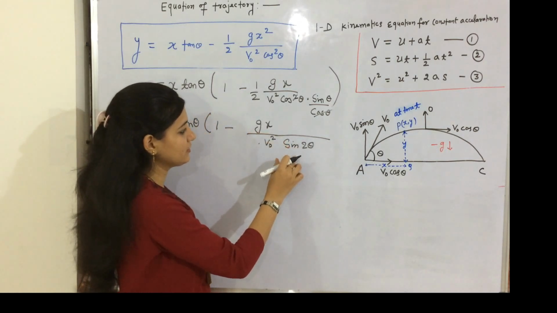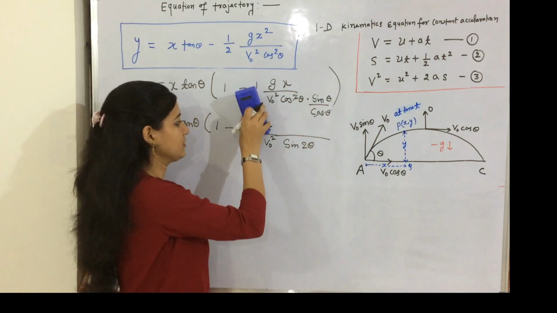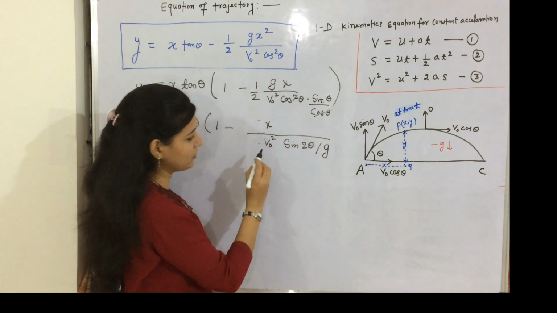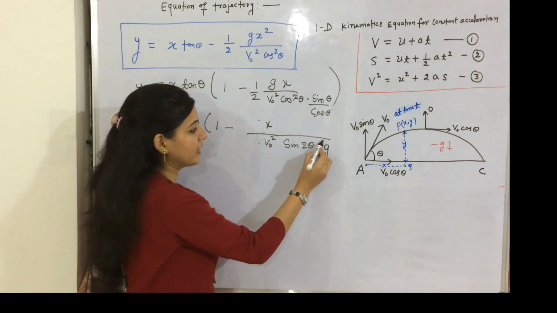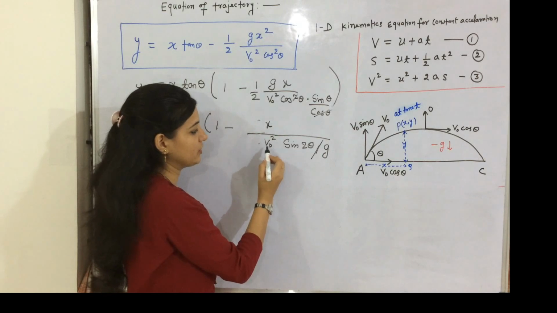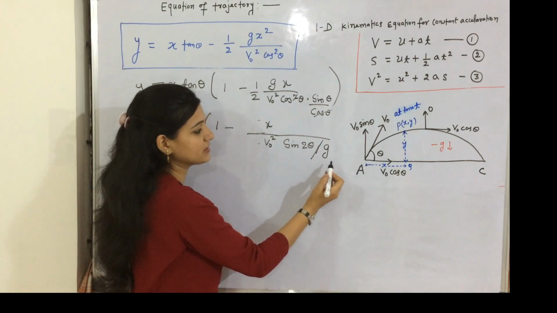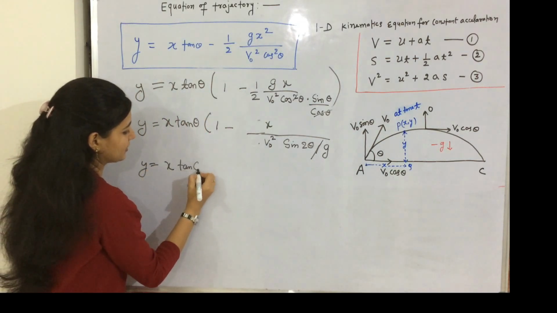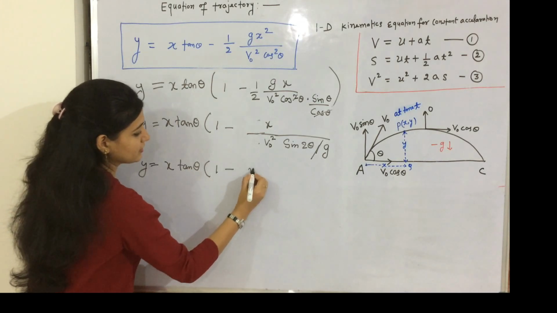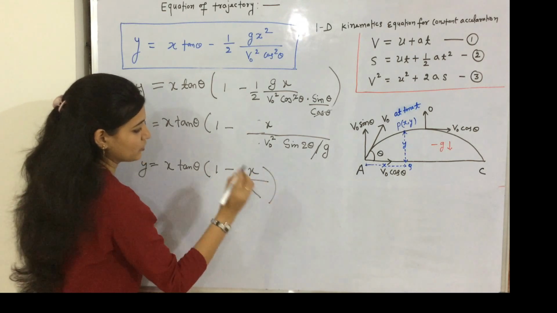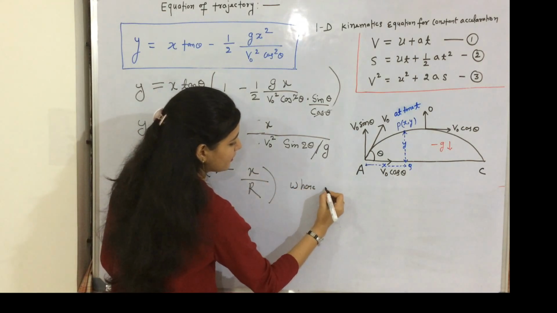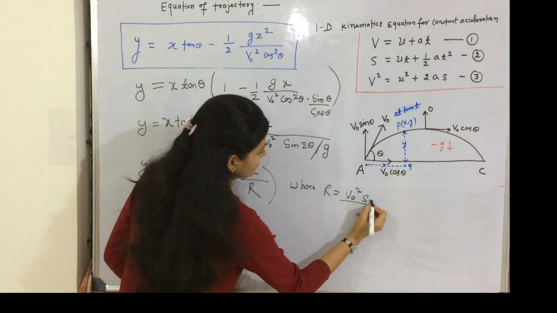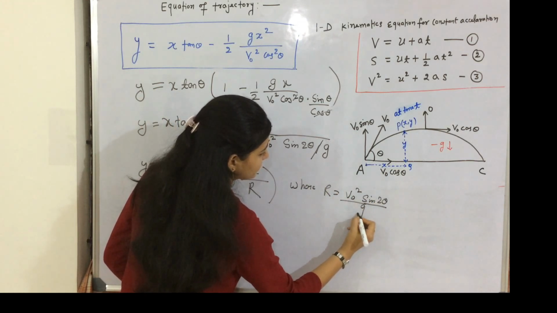Now we can take the g in the denominator, and now we know that v naught square sin 2 theta by g is equal to R. So we can write y equal to x tan theta times 1 minus x by R, where R equals v naught square sin 2 theta by g.